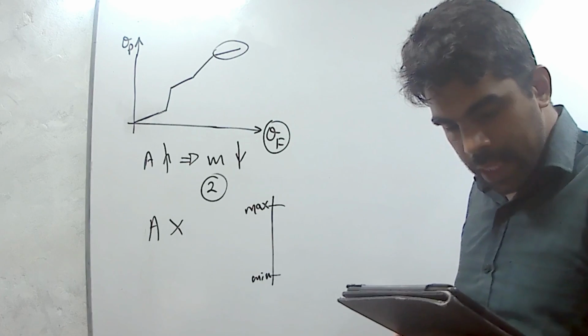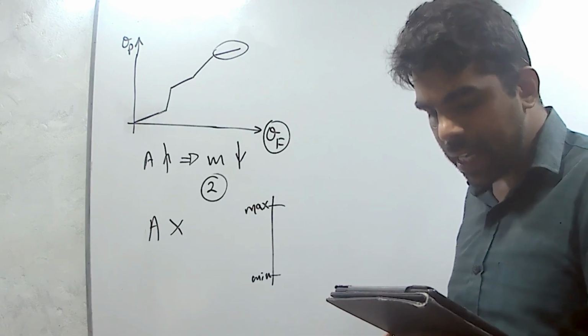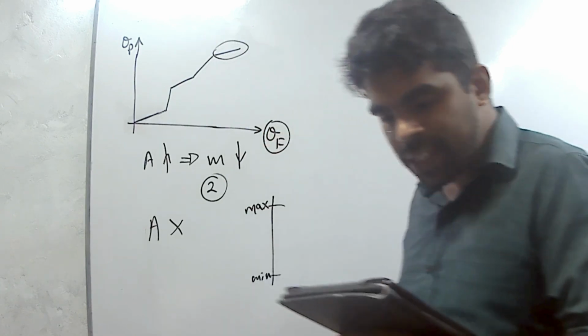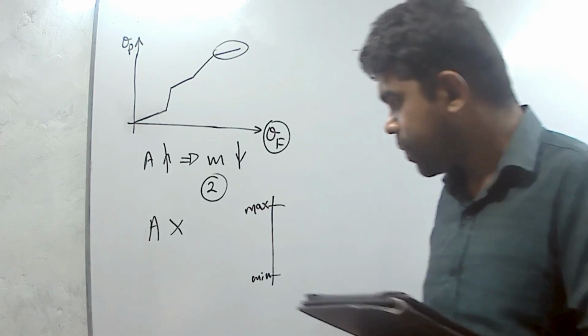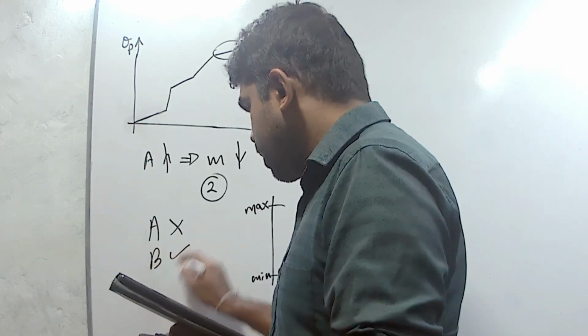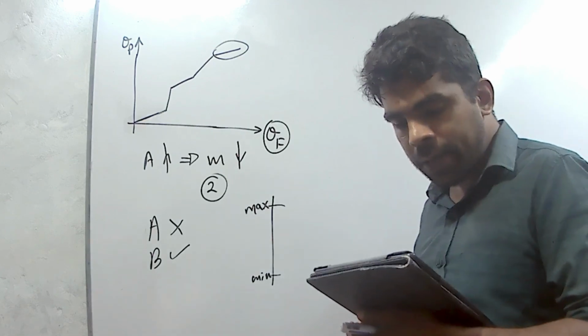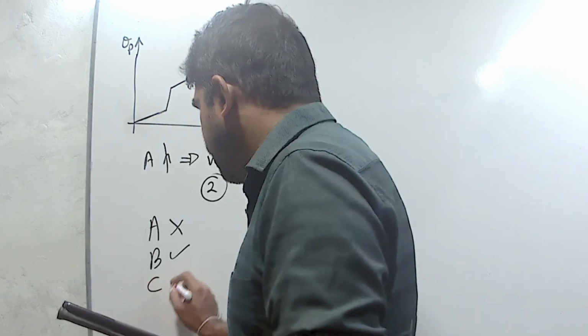Then B, thermal capacity of the thermometer must be negligible when compared to the thermal capacity of the environment of which the temperature is measured. Yes, it is correct. C, thermometer property must have linear variation. Linear variation is not compulsory.